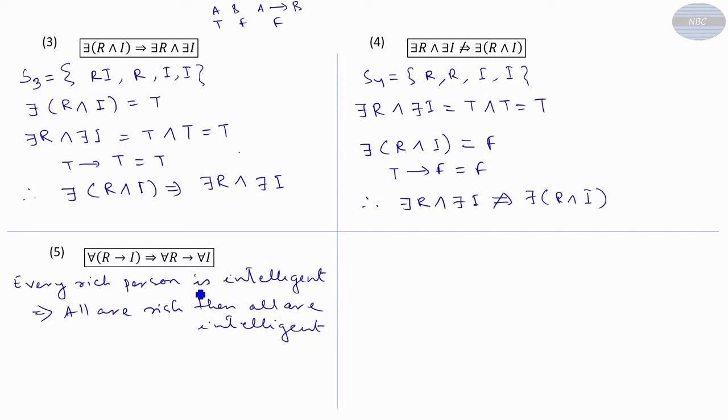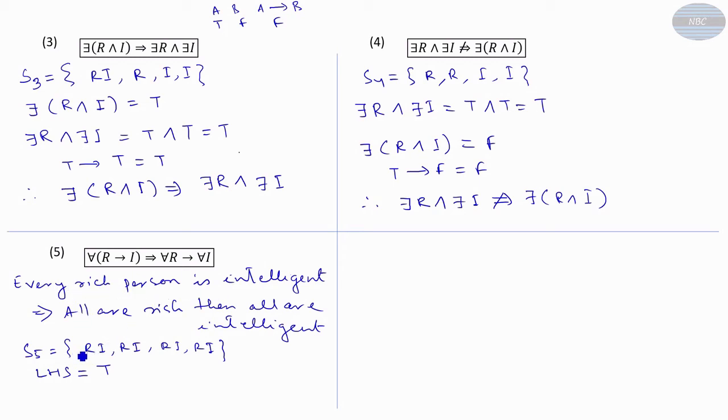Let's take the universe of discourse S5 as, let's suppose, four persons. The left hand side is true here because every rich person is intelligent. So in this universe of discourse, every rich person is intelligent, so the left hand side is equal to true. Very clear.